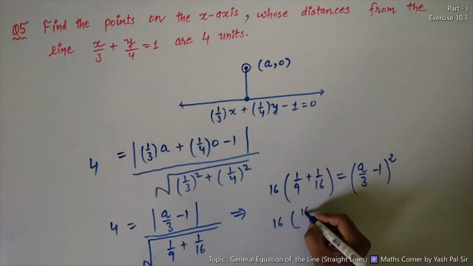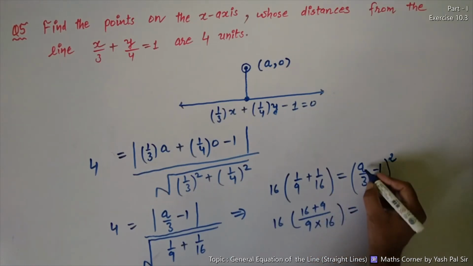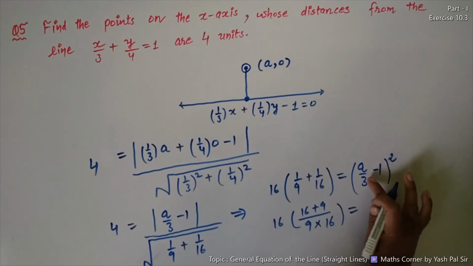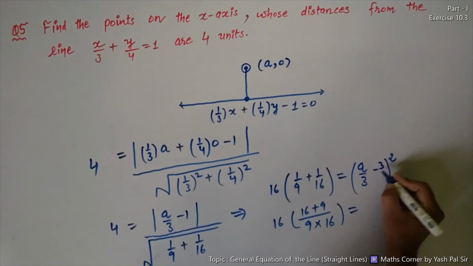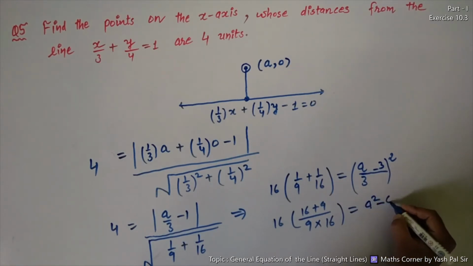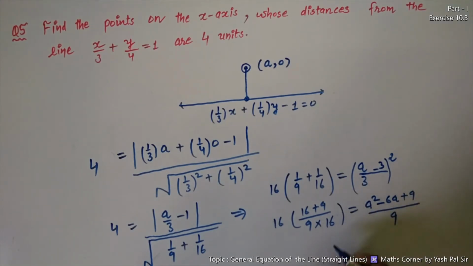So we have 16 into 16 plus 9, divide 9 into 16, is equal to, we can write this as a minus 3 whole divide 3, that is a square minus 6a plus 9 upon 9.